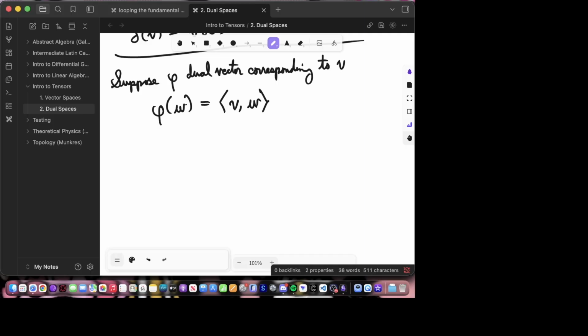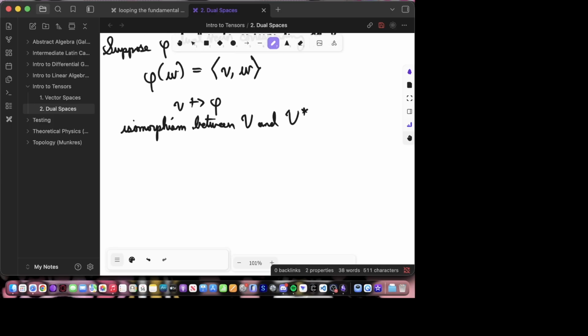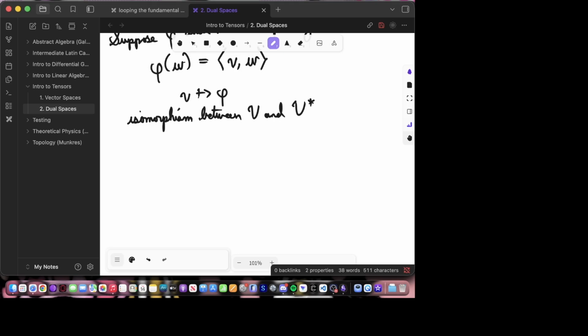So the map from v to phi must be an isomorphism between v and the dual space. And we're working with finite dimensional vector spaces here.